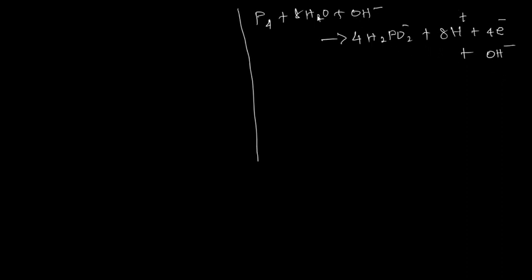So next step is we have to take 1 H plus ion from the 8 H plus and add it with OH minus, which will give you a water molecule. If you remove 1 H plus from 8 H plus ions, you'll get 7 H plus, which will be the remaining H plus ions.